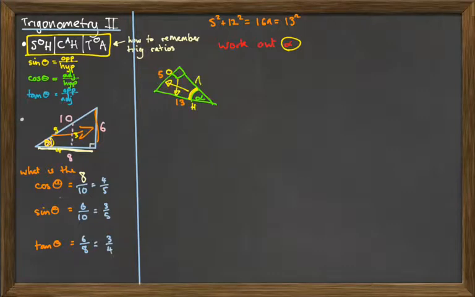We don't have the adjacent. So which trigonometric ratio involves the opposite side and the hypotenuse? That's sine. So sine of alpha is equal to the opposite over the hypotenuse, which is 5 over 13.